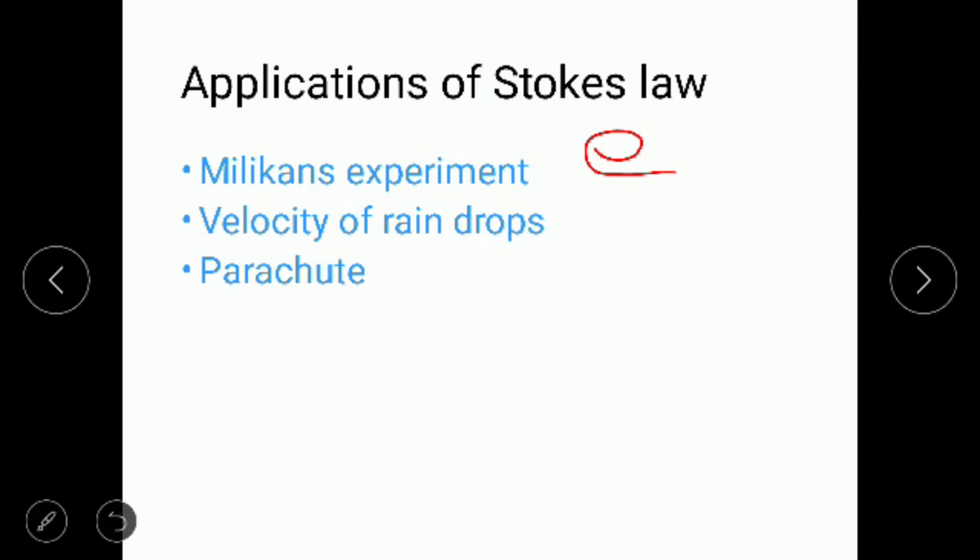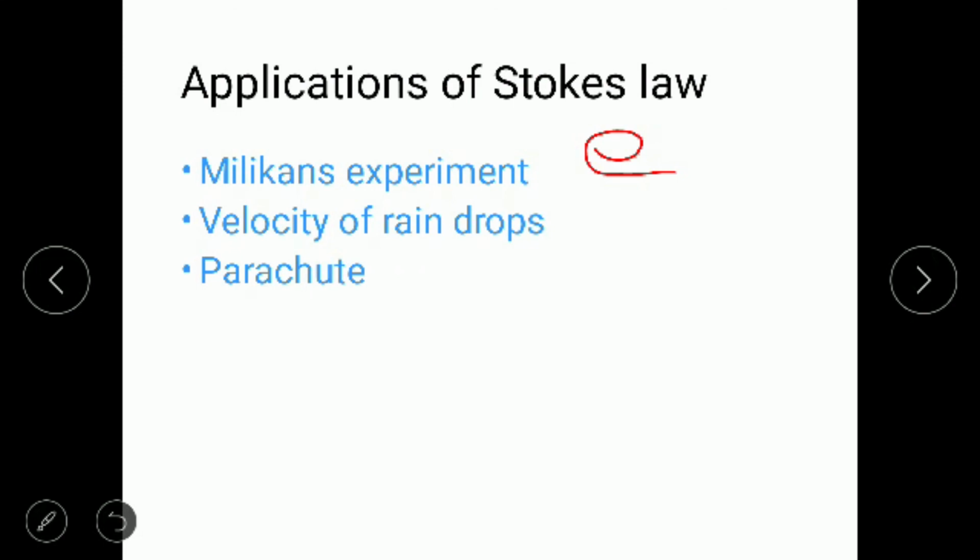He applied this method of finding the radii of small oil drops by measuring the terminal velocity in air. He dropped oil in the air and tried to find the terminal velocity, and with the help of that velocity he was able to find the charge of an electron.